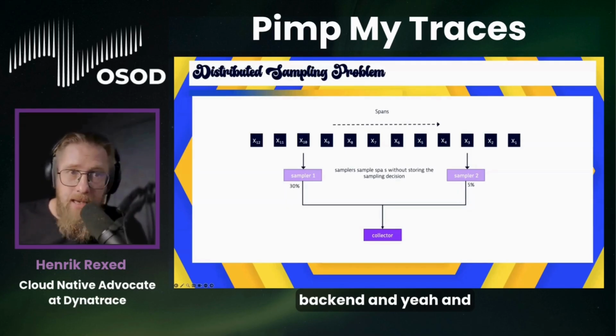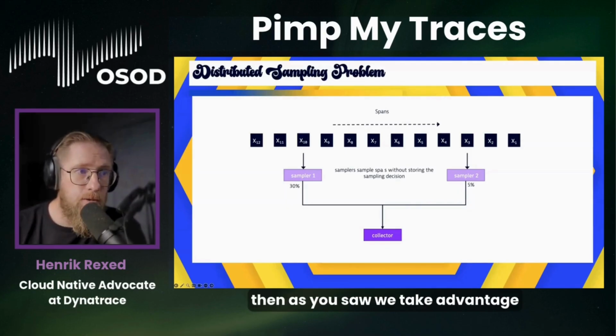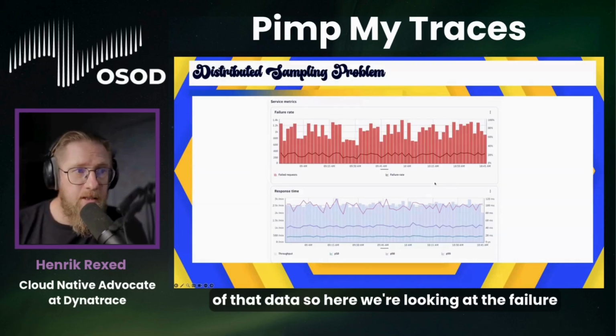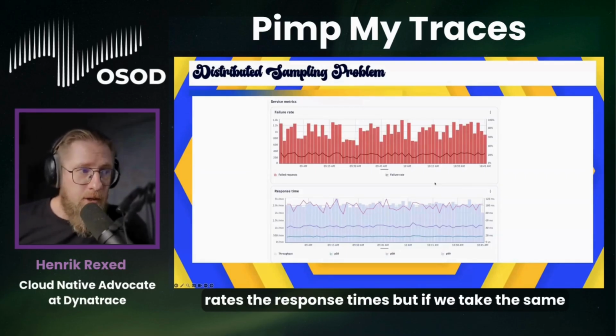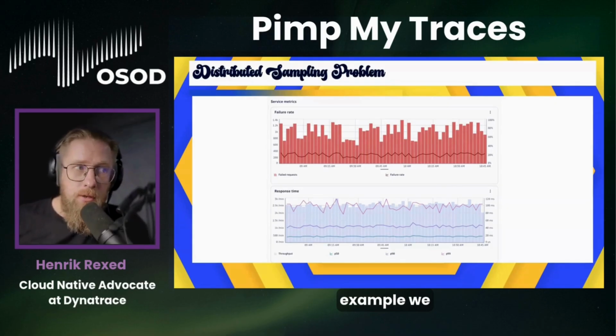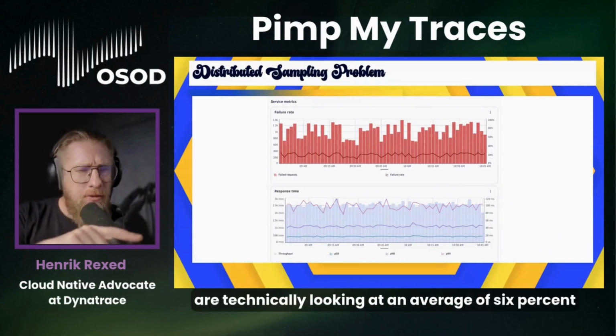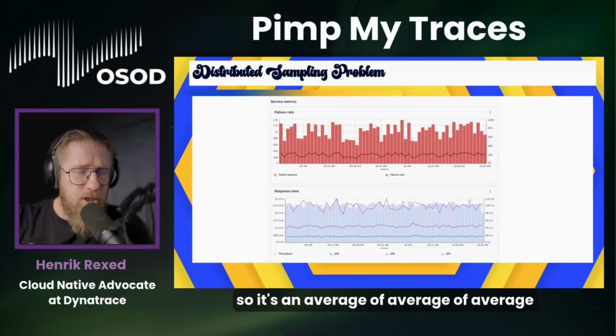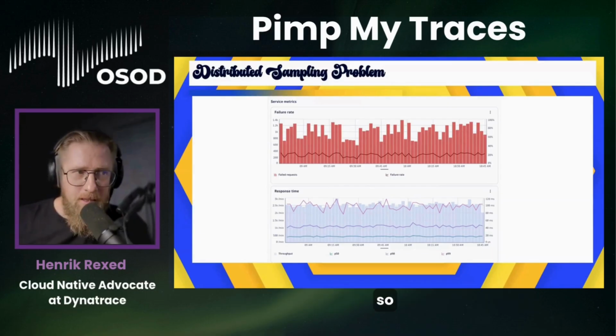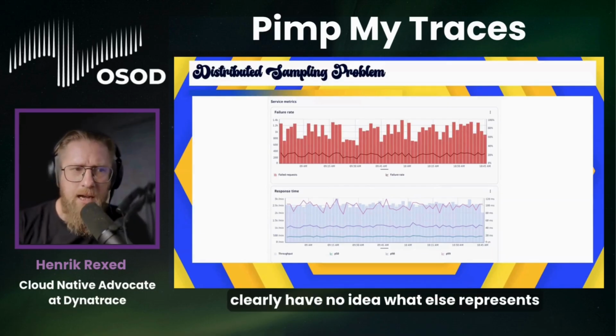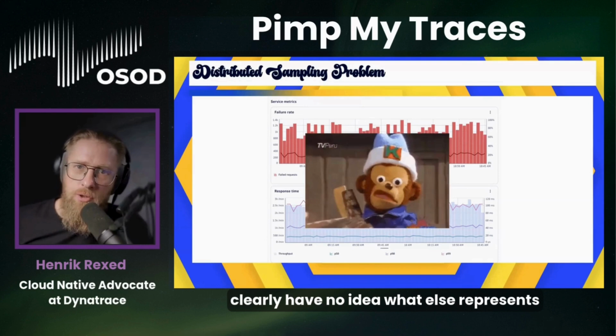And then, as you saw, we take advantage of that data. Here, we're looking at the failure rates, the response times. But if we take the same example, we are technically looking at an average of 6%. So it's an average of averages. I clearly have no idea what that really represents.